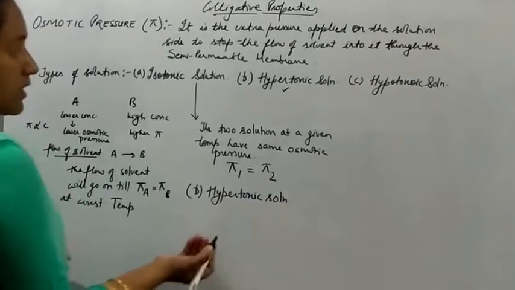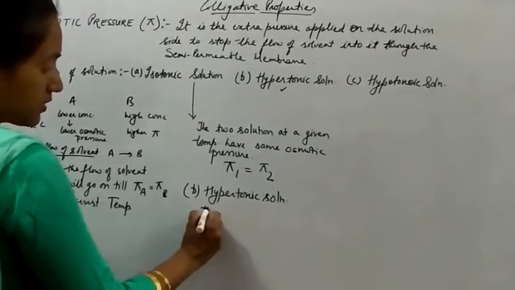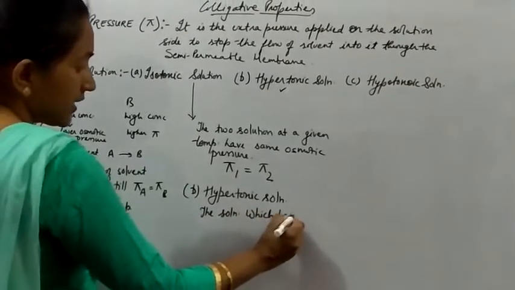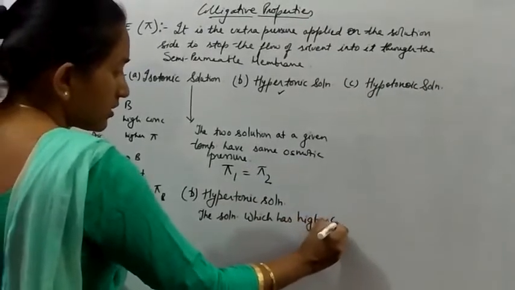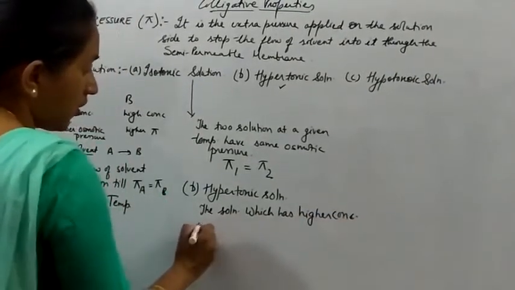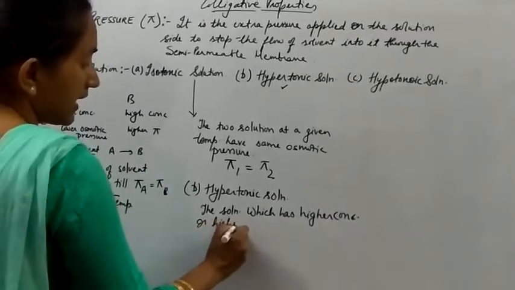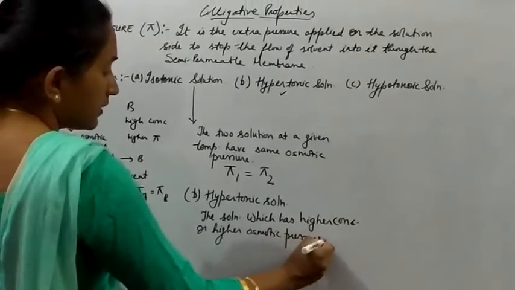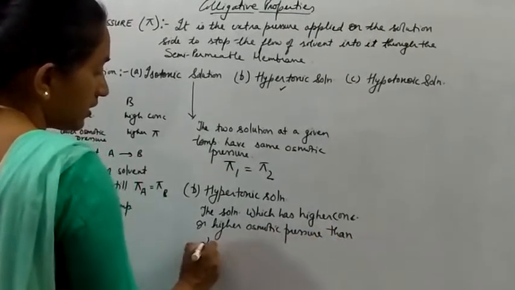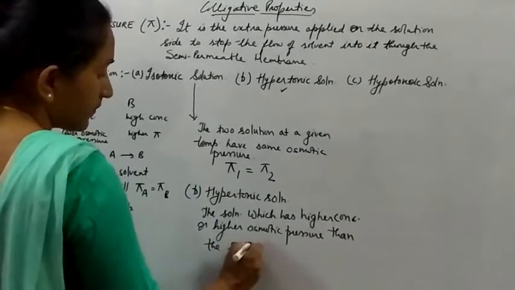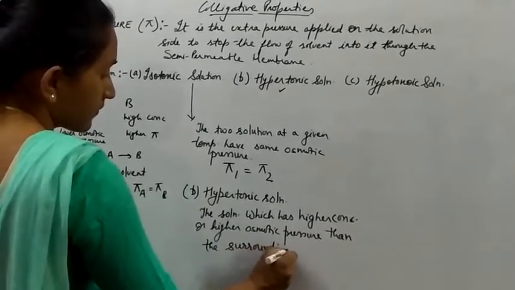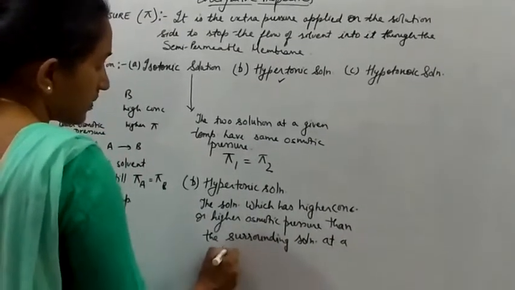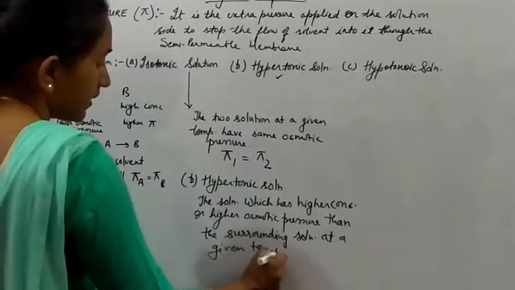The hypertonic solution is a solution which has higher concentration or higher osmotic pressure than the surrounding solution at a given temperature. So temperature will be always specified here.